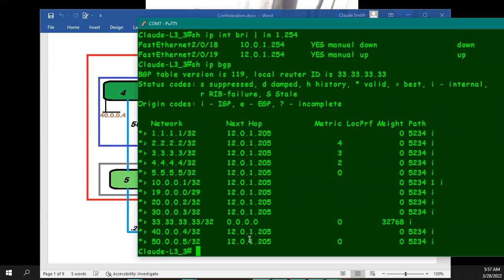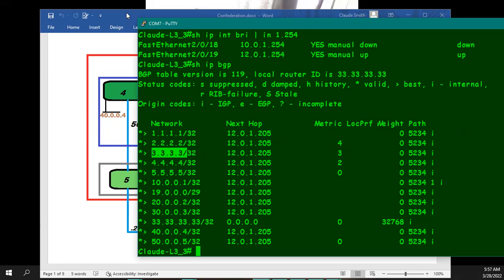So having all of these networks in the lab environment, it's no big deal. But just imagine one of these networks that I'm highlighting here represents 50,000 routes in the BGP world. You can see how that can become overwhelming.